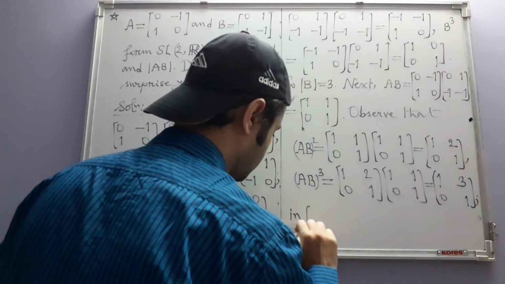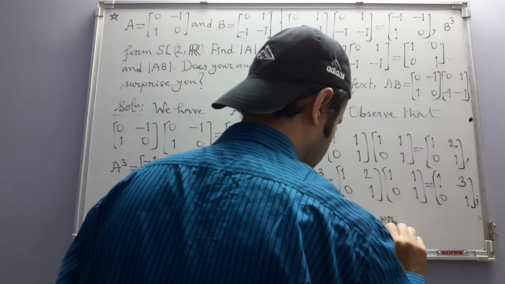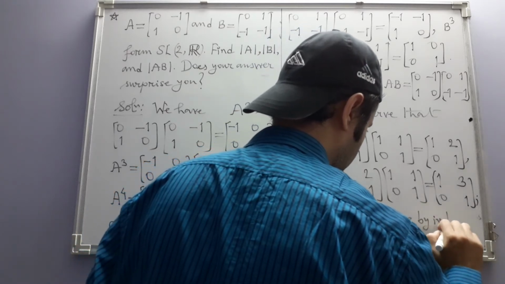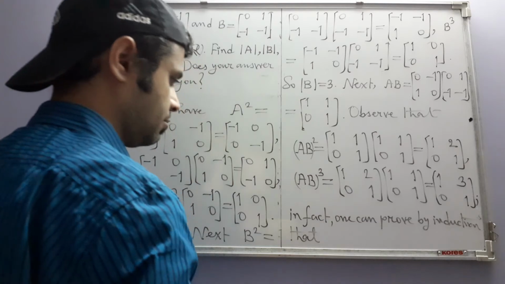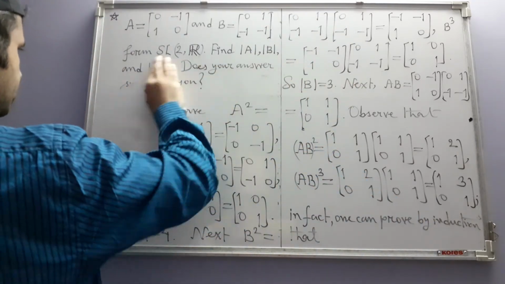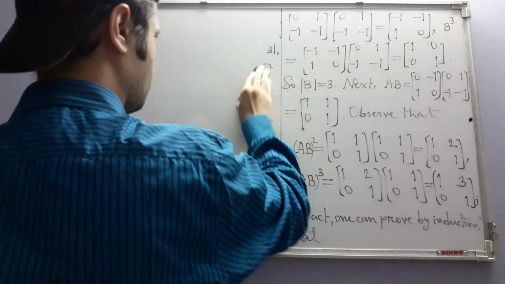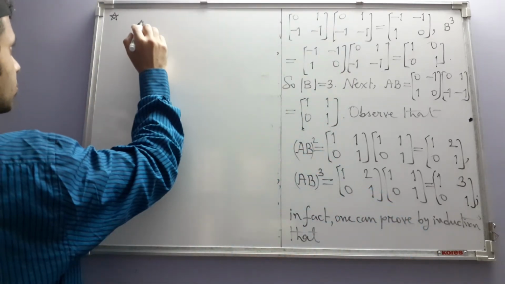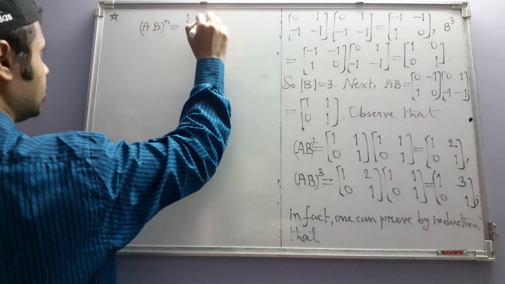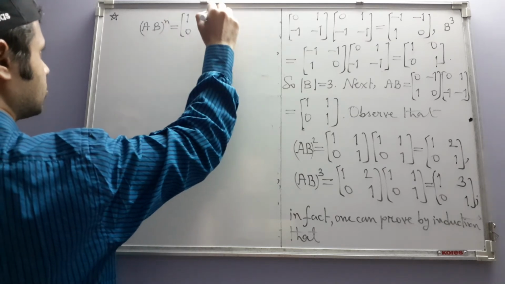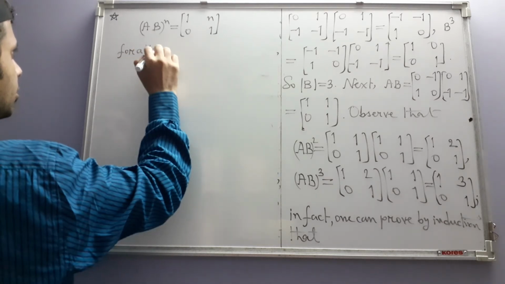In fact, one can prove by induction, which is quite straightforward, that this is equal to 1 n 0 1 for all positive integers n.